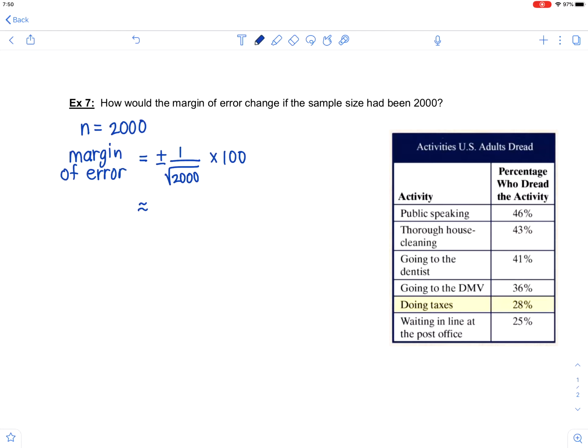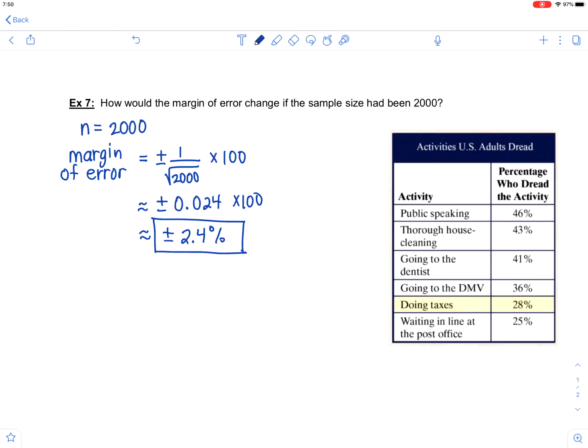The 1 over square root of 2,000 will round to 0.024. So that margin of error would be approximately plus or minus 2.4%, versus with N equals 1,000, it was 3.2%.